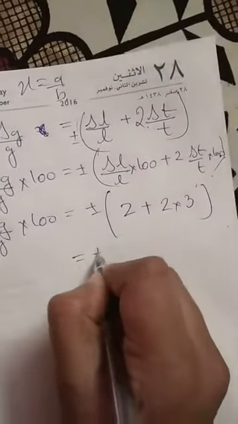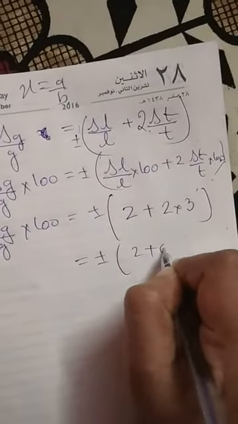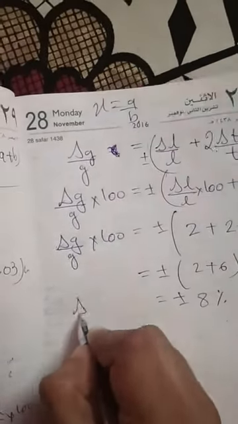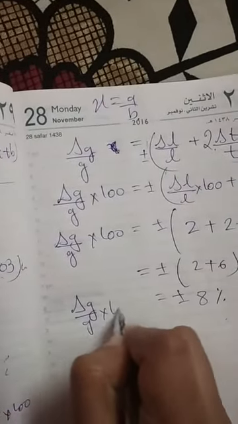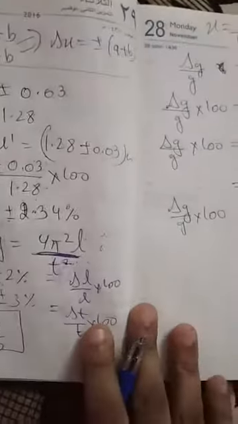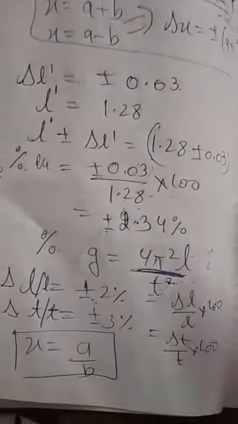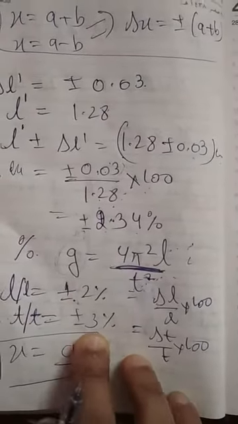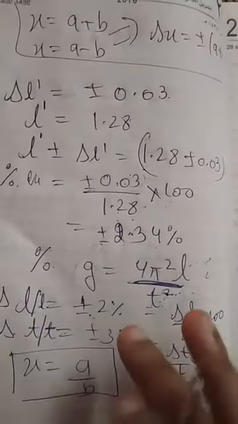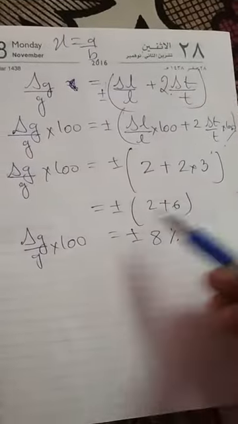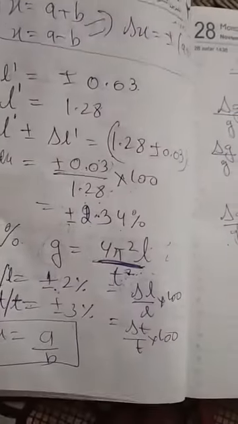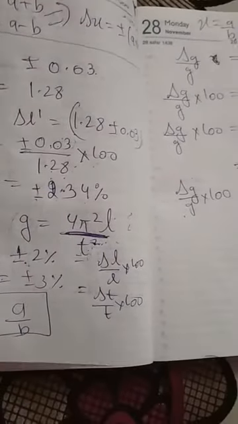So that will be equal to plus minus 2 plus 6, that is plus minus 8% error. Many of you may be thinking that since L has 2% error and T has 3%, the total is 5% error. No, since it is in divide form, you have to follow this formula, and then you get 8% error. So the actual error is 8%. Okay.